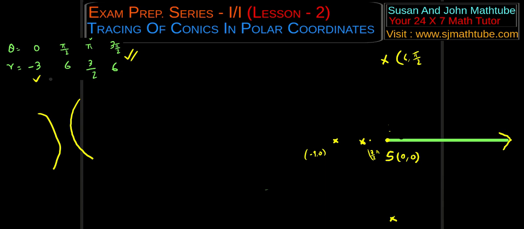I'll repeat, 3 of the points will be on one side of the hyperbola. Anyway, I'm able to see the hyperbola now, so I'm going to plot the hyperbola. I hope you're able to see it. It goes like this, it goes like this, and that's it.